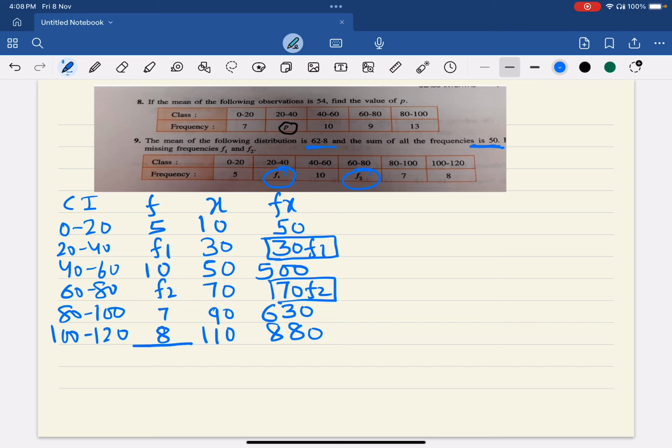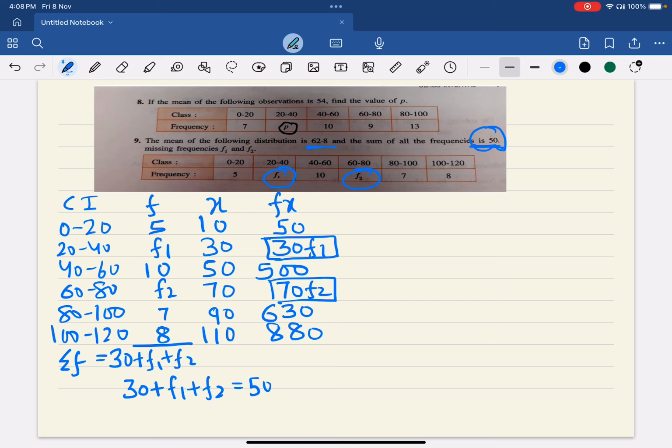Again, we need sigma F, so let us do that. So 8, 7, 15, 25, 30. So we get 30 plus F1 plus F2 as sigma F. Now remember, in the question we are given sigma F is 50. So we are going to utilize that and write that 30 plus F1 plus F2 equals 50.